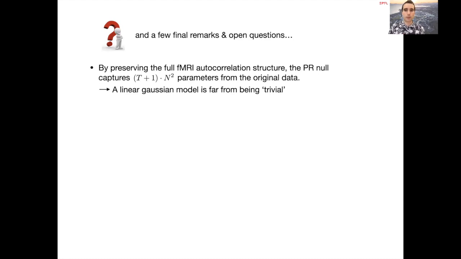So we are approximately preserving T times N squared parameters, which can be huge if T is on the order of hundreds to thousands, and N is on the order of a few hundreds. So this is huge, and I'm not sure we should claim this as being trivial. It's trivial because it's linear and Gaussian, yes, but in terms of parameter complexity it is not that trivial.